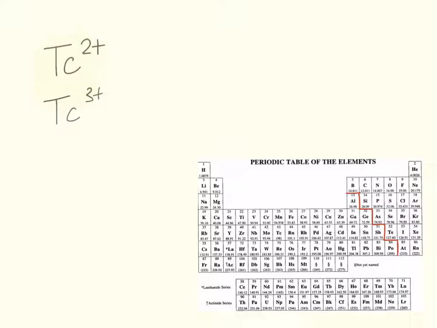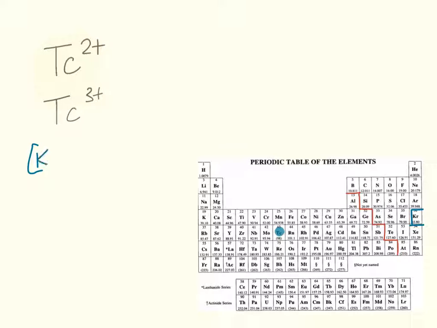And the first one is technetium. Technetium is right here on the periodic table. It has 43 electrons, and so I'm just going to look at the electron configuration of plain technetium, but I'm going to do the abbreviated version, so I'm going to use krypton as its noble gas first.